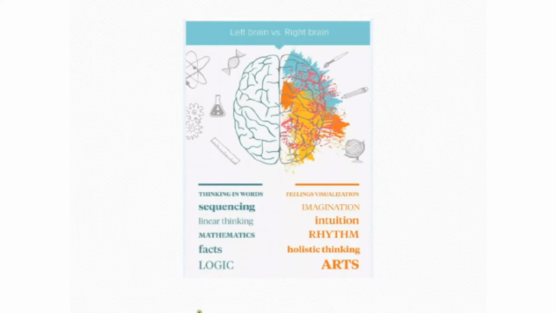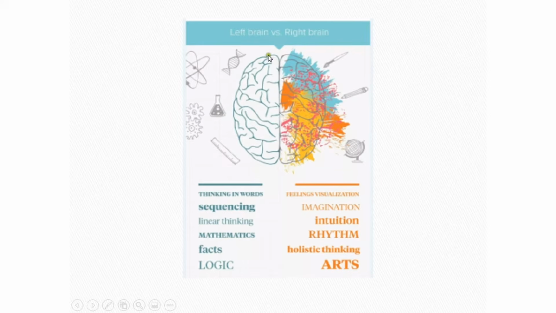The diagram below makes it easier for us to understand how our brain is basically divided. As you may see, there is a left-hand side of our brain as well as the right-hand side of our brain.